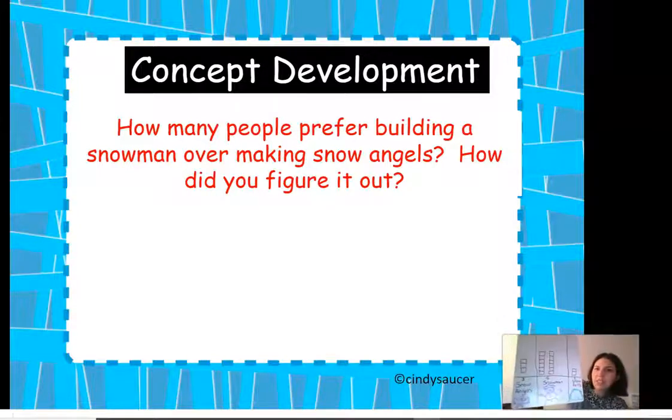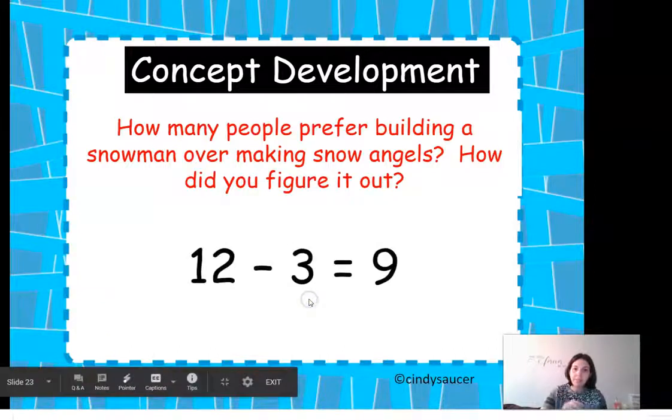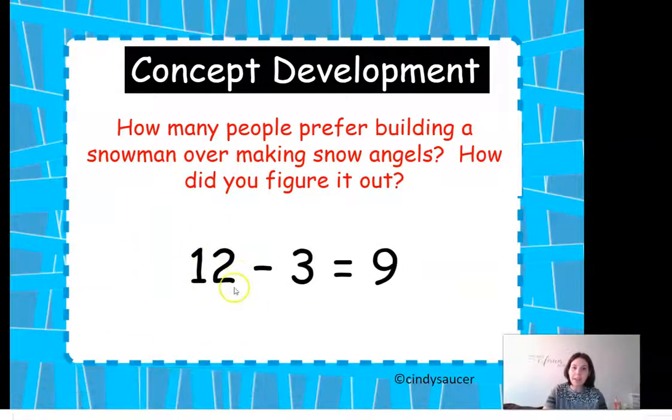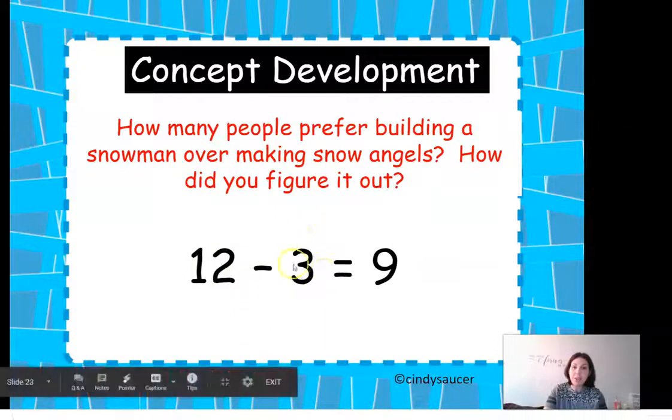So what should we do to figure that out? We want to know how many more people chose snowman than snow angels. How many more people? What could we do? We could subtract. 12 is how many people chose snowmen. 3 is how many people chose snow angels.